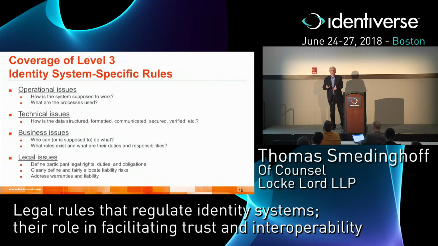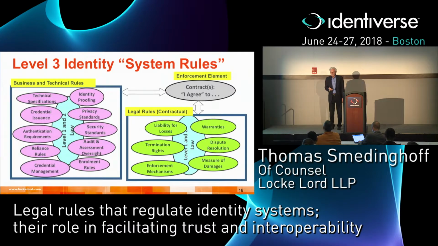These are all rules that basically the parties make up themselves, as well as legal rules. What are the rights and obligations of the parties in the context of liability? How are we going to allocate liability risks among the group of participants? These are all things that the participants can adopt themselves when the system is set up.